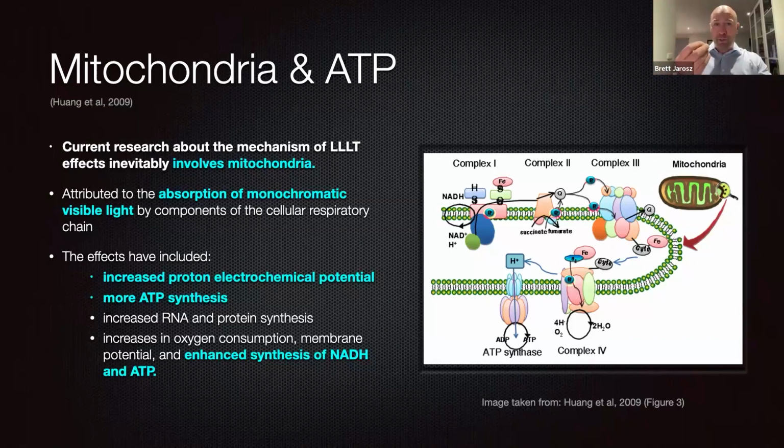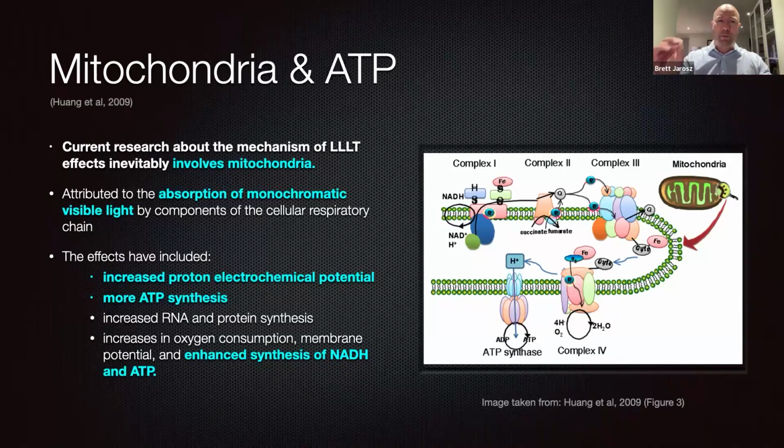Well, I shouldn't say it seems to absorb: if the light can be absorbed, then different color light influences different complexes within the mitochondria. So that appears to be the mechanism of how all light therapy works.